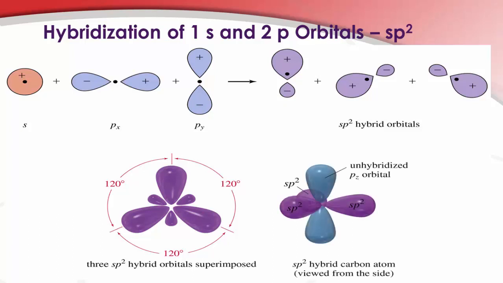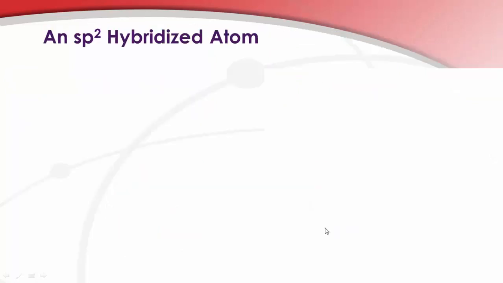Now, what happens to the unhybridized pz orbital? Well, in fact, it remains unmodified from its original state, and it's above and below the plane of the molecule. So if we view it from the side, it looks like this. So what we have then are three hybridized orbitals and one unhybridized orbital. So what happens to that orbital?